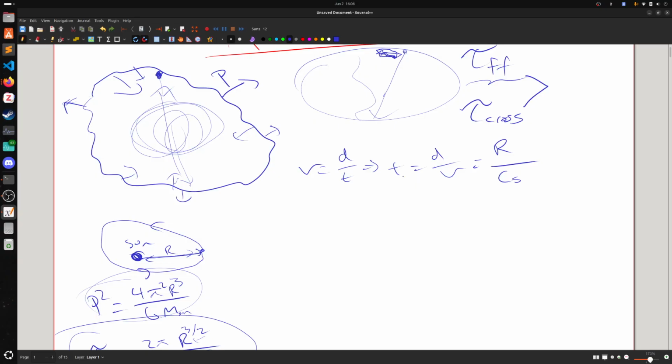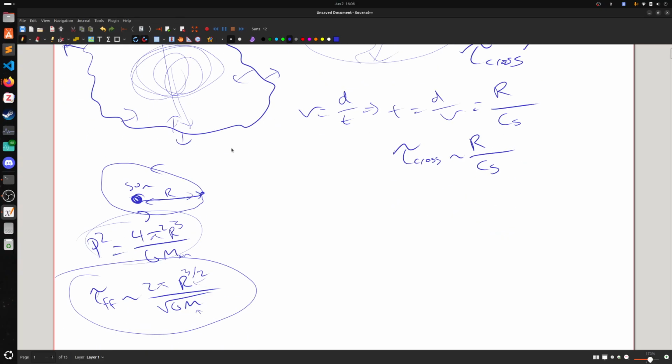So now we have our two timescales. Crossing timescale is roughly your cloud length divided by the sound speed in your cloud. We're assuming this cloud has uniform density, so uniform sound speed throughout. Same thing with the freefall timescale. All we have to do is compare them.